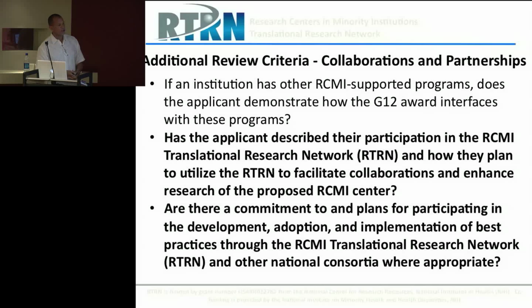And is there a commitment to and plans for participating in the development, adoption, and implementation of best practices through either RTRN or other consortia? So best practices is something that's also emerging.